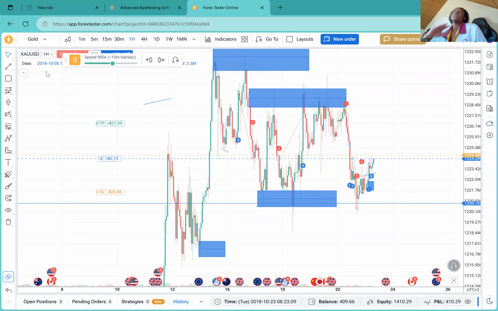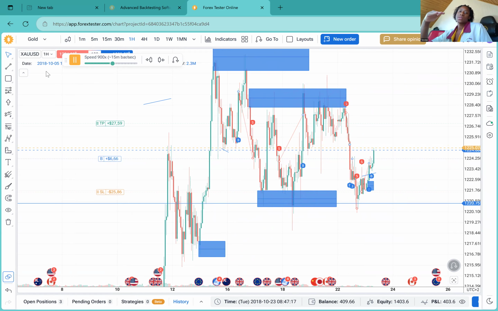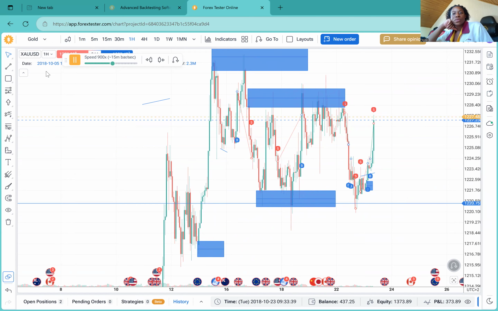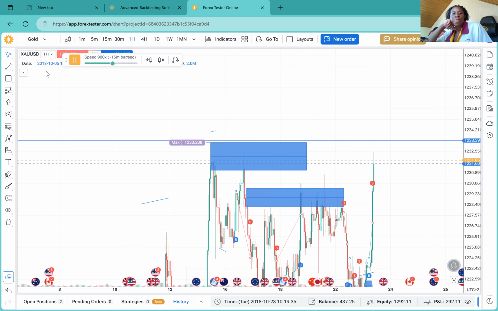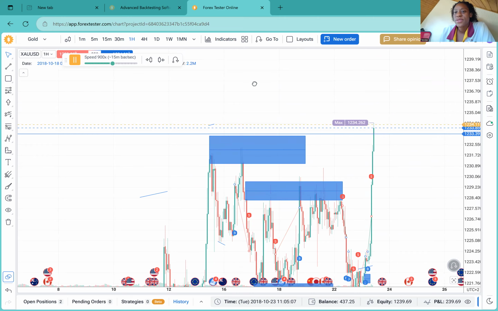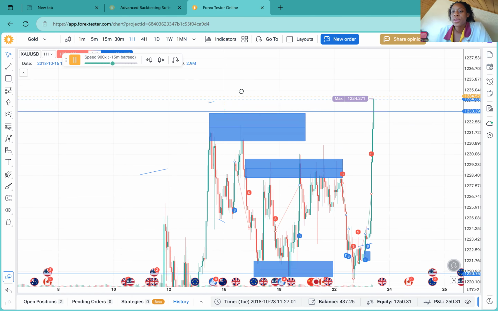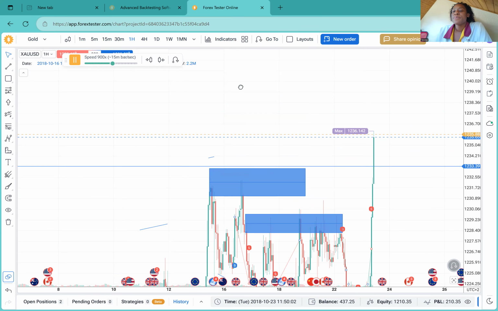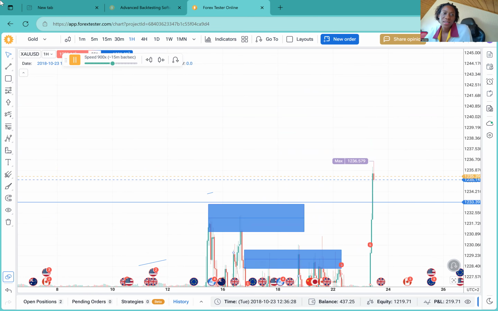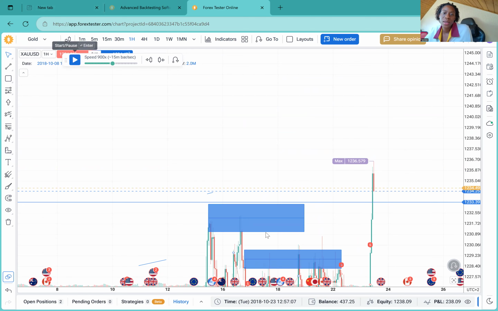TP should always be below the source. That's where the TP should always be. So you see, yeah. Yeah. So you see what price did. So that's a very good example of a well calculated trade. Wait, I'm going to stop this here.